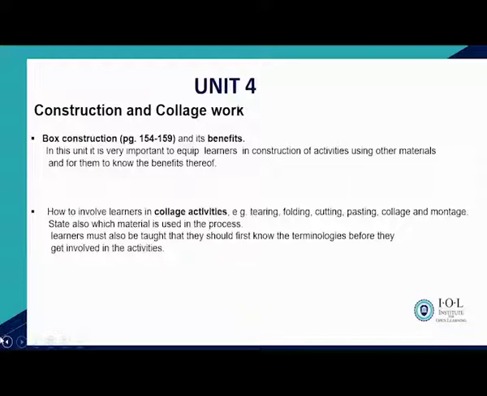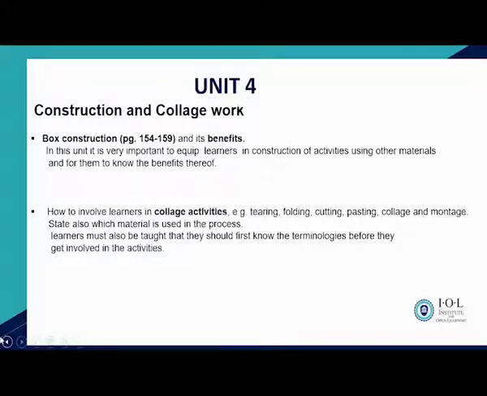In this unit, it's very, very important to equip your learners in construction activities, using other materials, and for them to know the benefit thereof. You also find out what other materials are used. In the same chapter, Unit 4, how do you involve learners in collage activities?